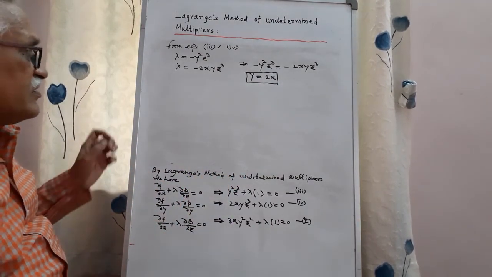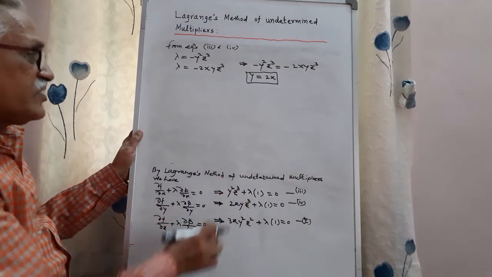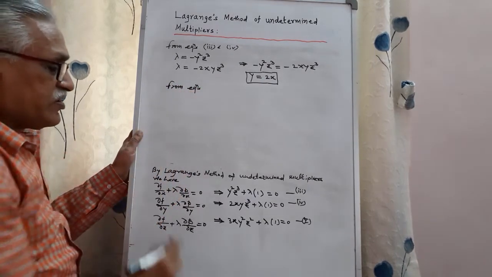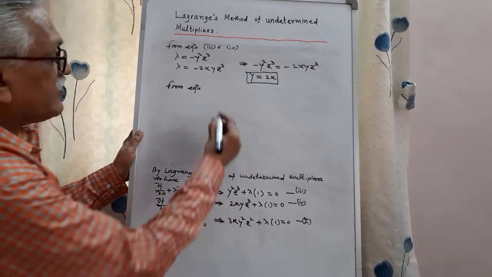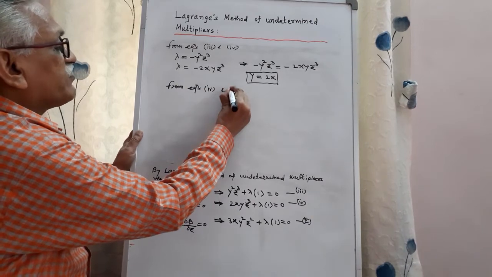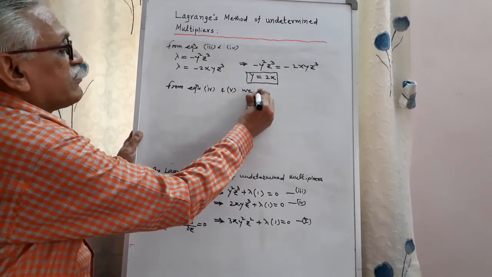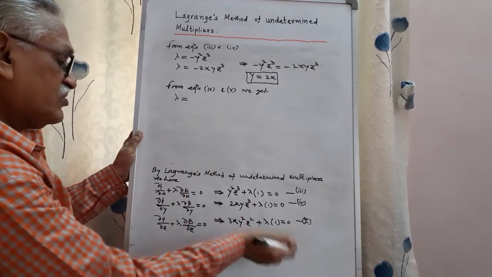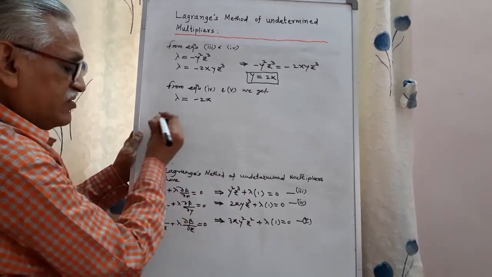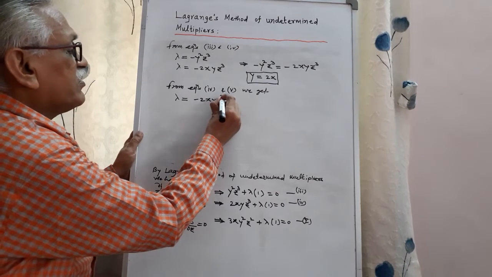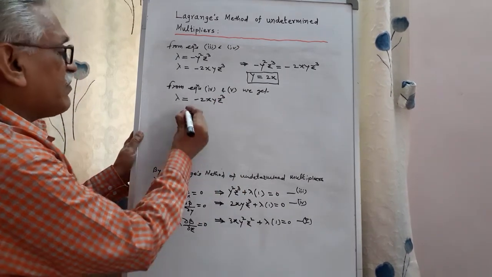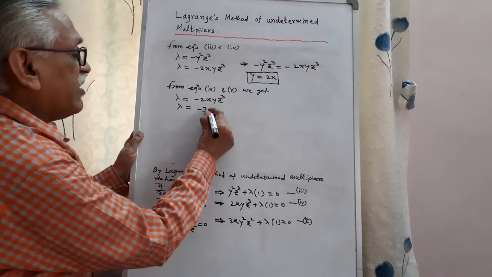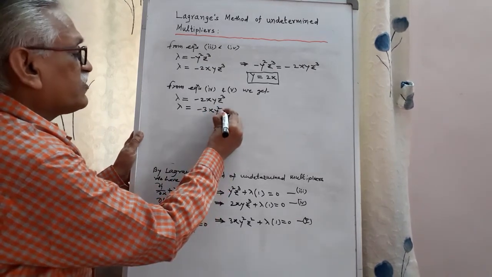Okay, by solving these two, then from equation 4th and 5th, therefore from 4th once again we have lambda is equals to minus 2x y z cube, and from 5th we have lambda is equals to minus 3x y square z square.